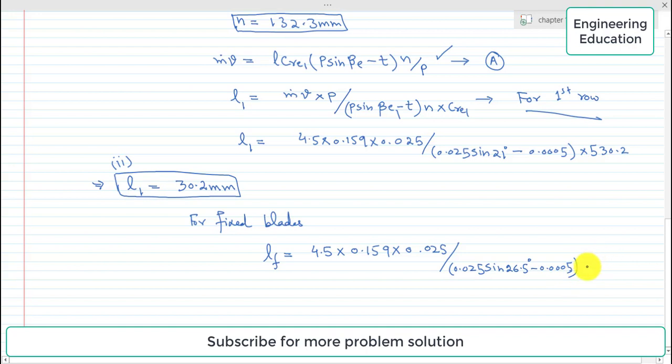Also there is change in the velocity. CRE1 is replaced by CAI2, and the value of CAI2 is 380.1 from the previous problem. So simplifying this, the value of LF will come out 33.4 millimeter. So this is the value of LF as required in part 3.